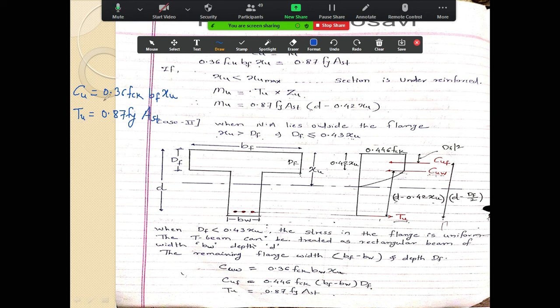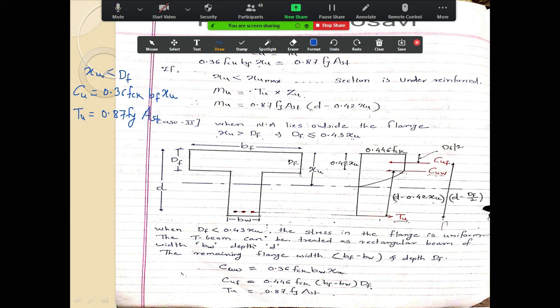So this is your Cu and Tu for a singly reinforced section when Xu is less than Df, that is, when your neutral axis is passing through the flange. We have to consider this case.